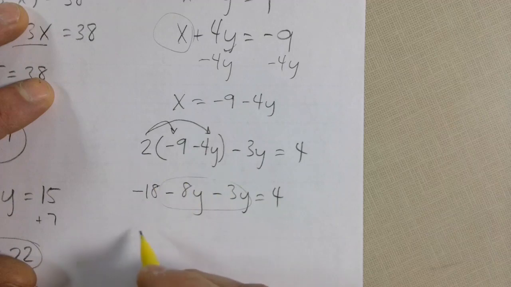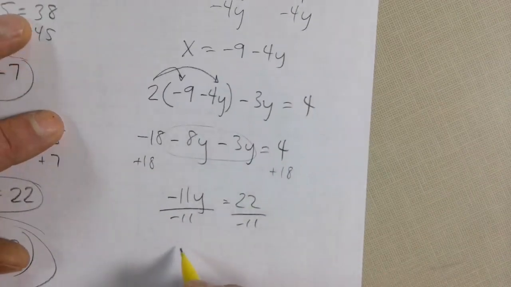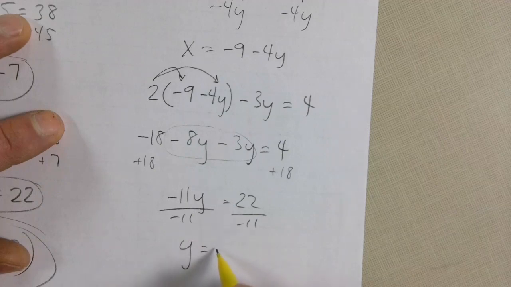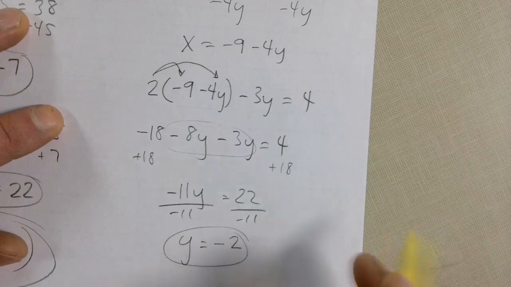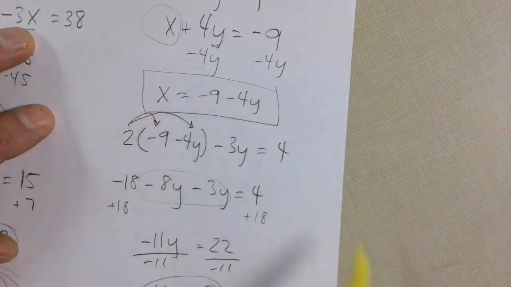Combine my like terms and move the 18 to the other side. So negative 11y is equal to 22. Divide by negative 11, y equals negative 2. So we've got the y. Now come back up here and plug it into this one.